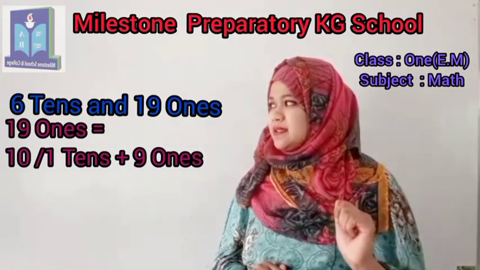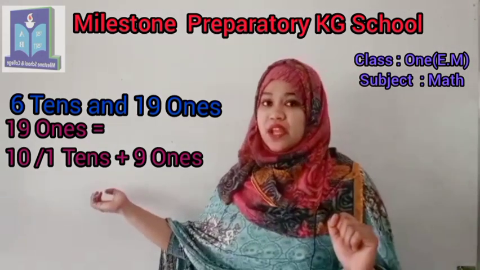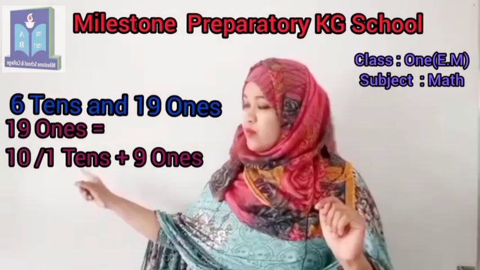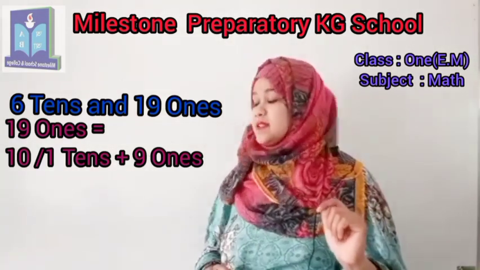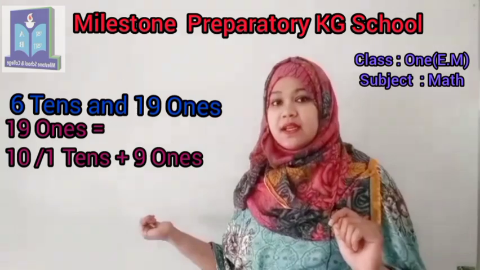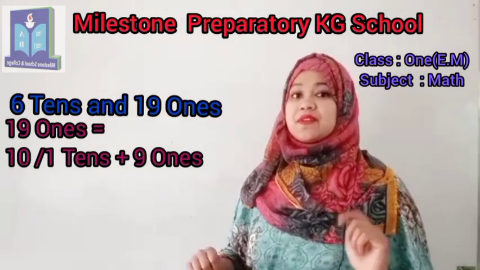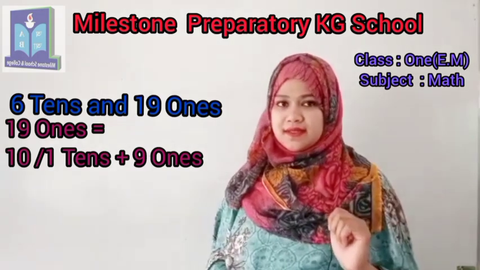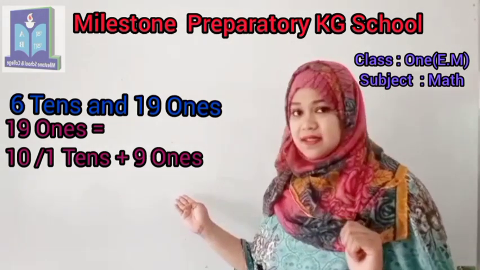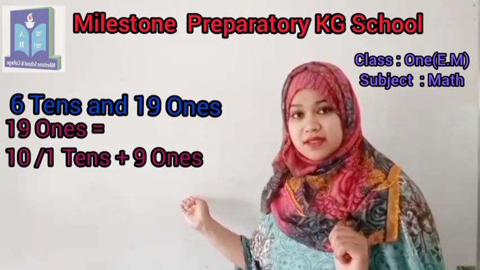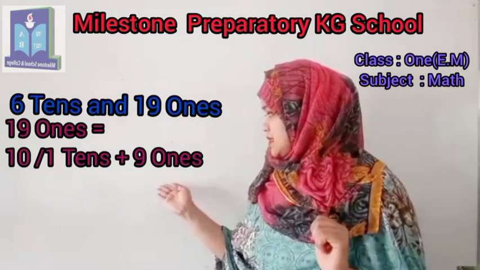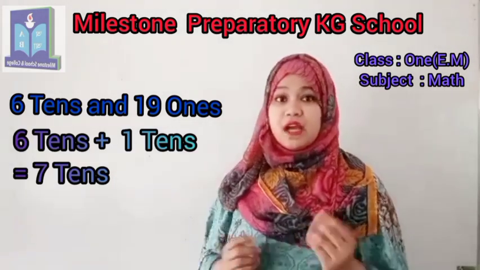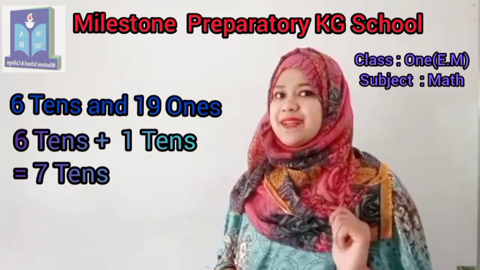So 1 ten, we have to take this 1 ten from ones position number and we have to add it with tens position number. So we get from here 1 ten and here is already 6 tens. So 6 tens and 1 ten. How many tens? 7 tens.